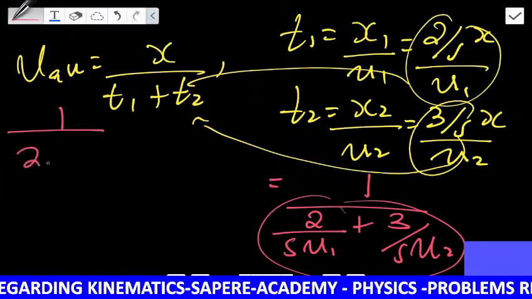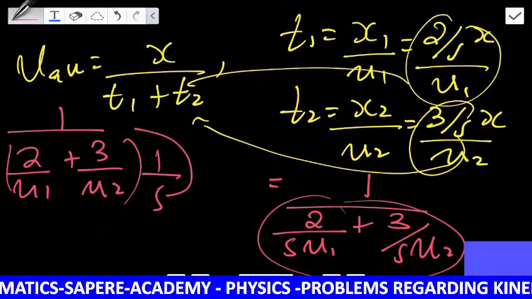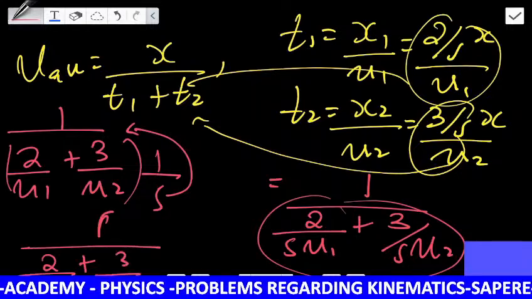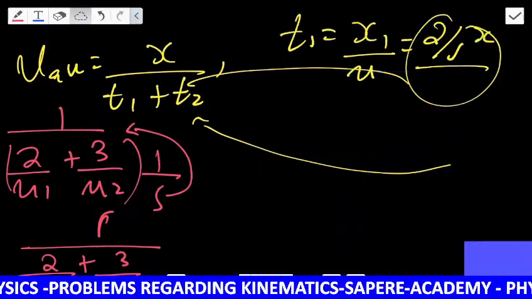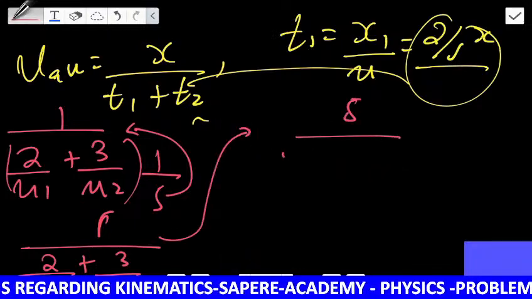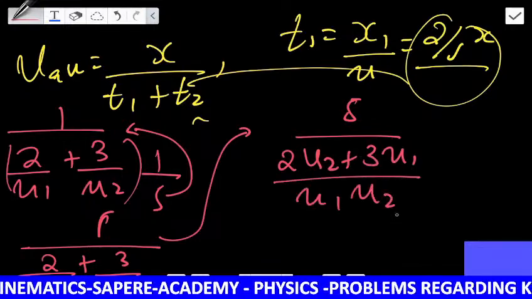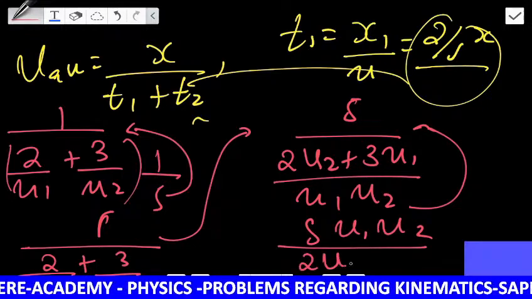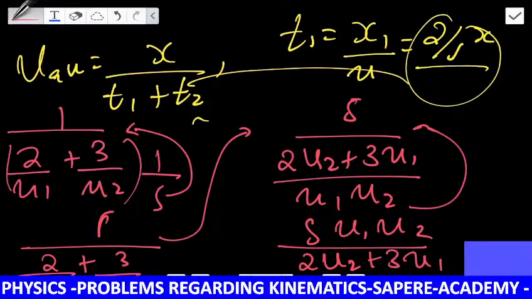This is 2 over v1 plus 3 over v2 times 1 over 5, so 1 over 5 goes up and we have 5 over 2 over v1 plus 3 over v2. When we simplify this, we have 5 over (2 v2 plus 3 v1) over v1 v2. Bringing this up, we get 5 v1 v2 over 2 v2 plus 3 v1.